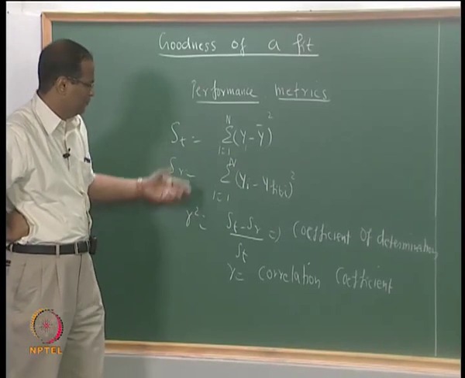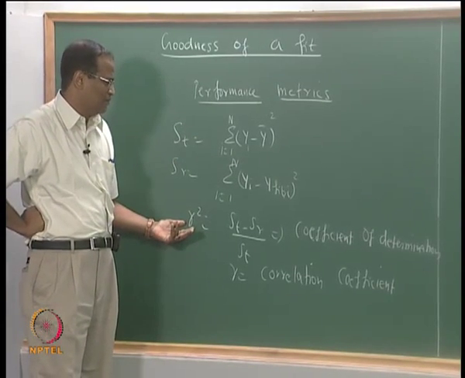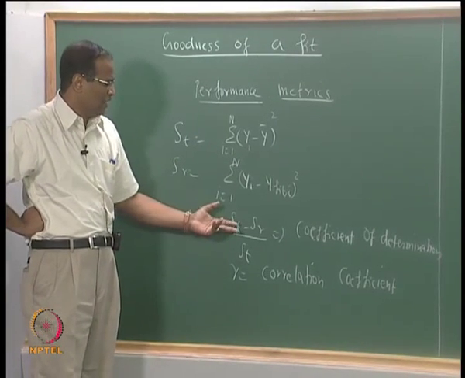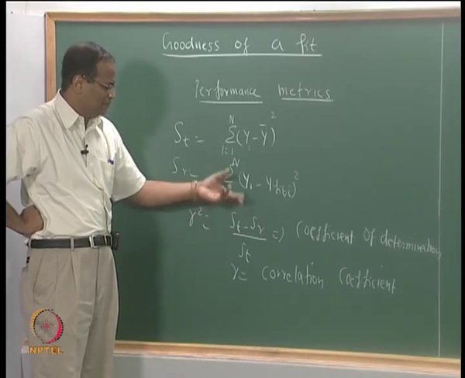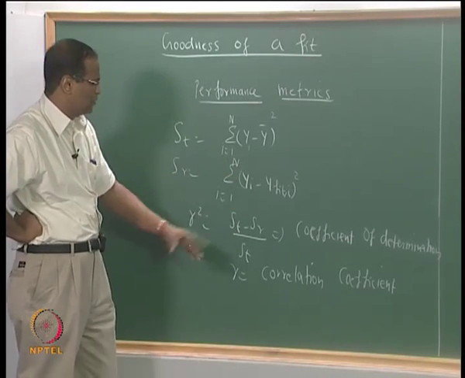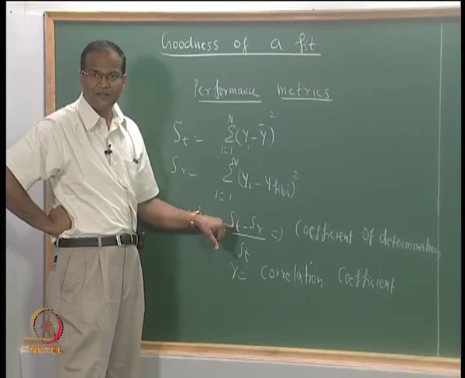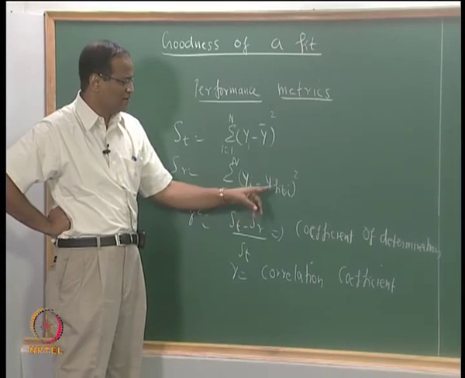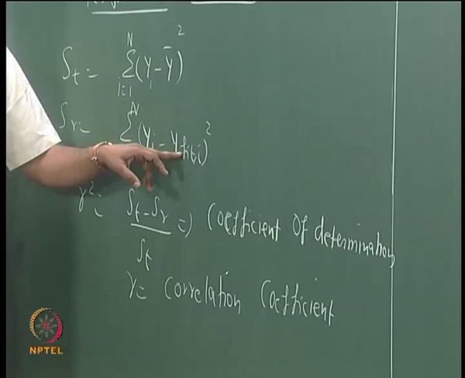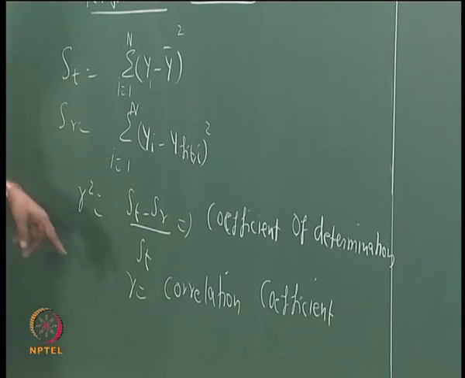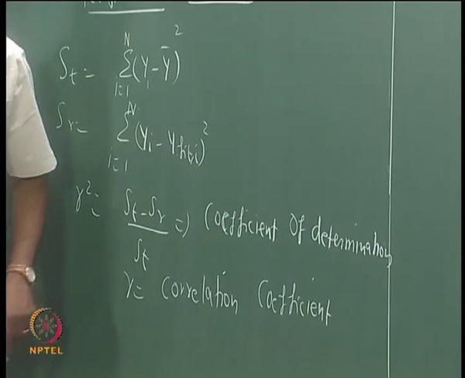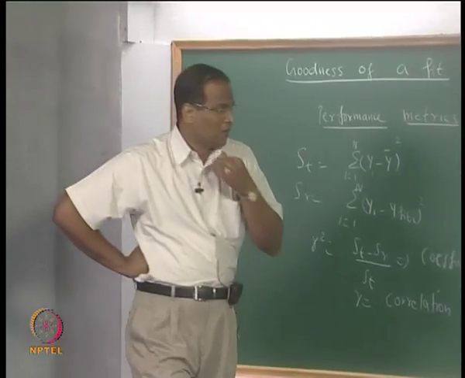Now the coefficient of determination is basically how much reduction is brought about in ST by proposing a correlation wherein you fit y as a function of x, and the root of this coefficient of determination is the correlation coefficient.